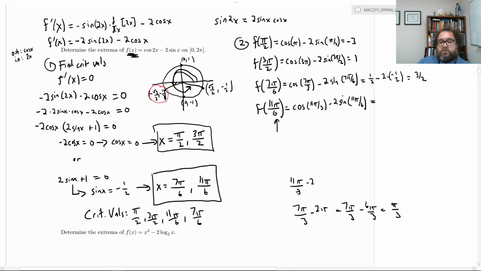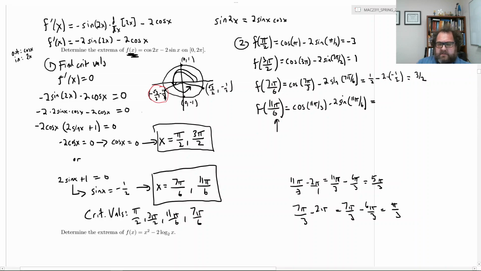If we subtract off 2 pi, treating it like a fraction, multiplied by 3 over 3, that gives us minus 6 pi over 3. Now, if we subtract, that gives us 5 pi over 3, which is a familiar angle.